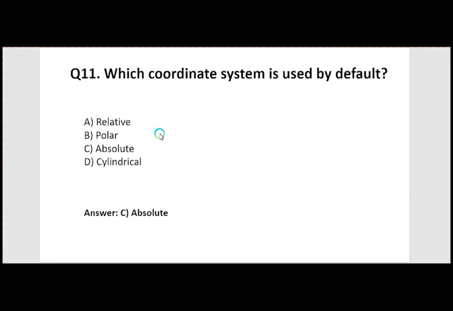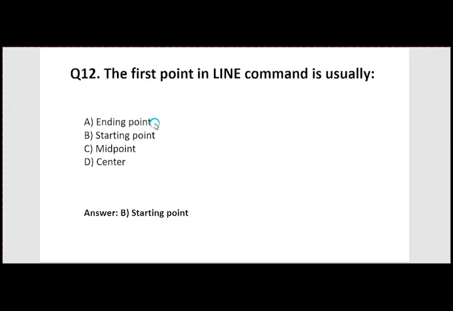Question number 11. Which coordinate system is used by default? A. Relative, B. Polar, C. Absolute, D. Cylindrical. Answer is C, absolute.